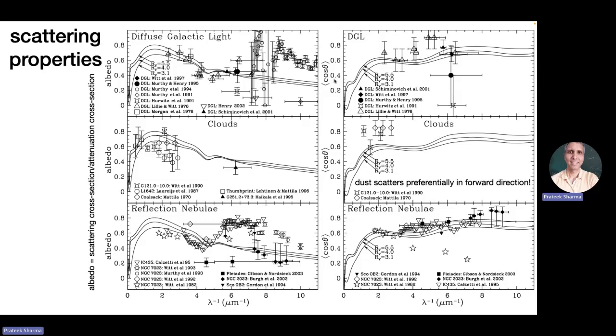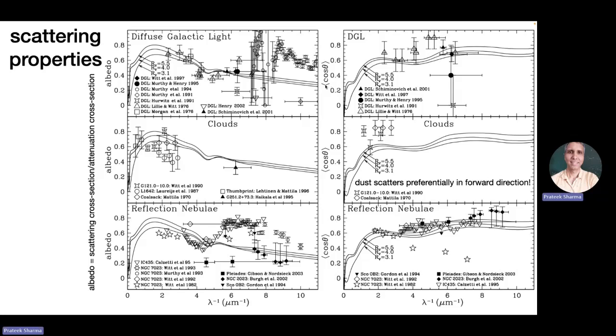If you have, say, Thomson scattering or Rayleigh scattering, all of them are symmetric. Scattering in these regimes is symmetric with respect to this 90 degrees. So the probability of being scattered slightly away from the perpendicular and towards you is the same as the other way. Whereas for dust, the scattering is mostly forward scattering. If you have dust and background light, most of the light will be scattered in the forward direction.